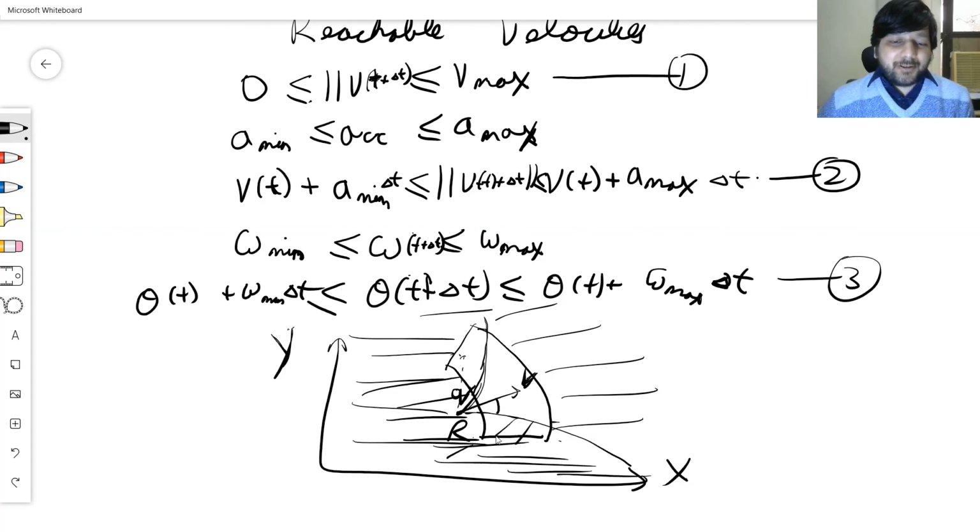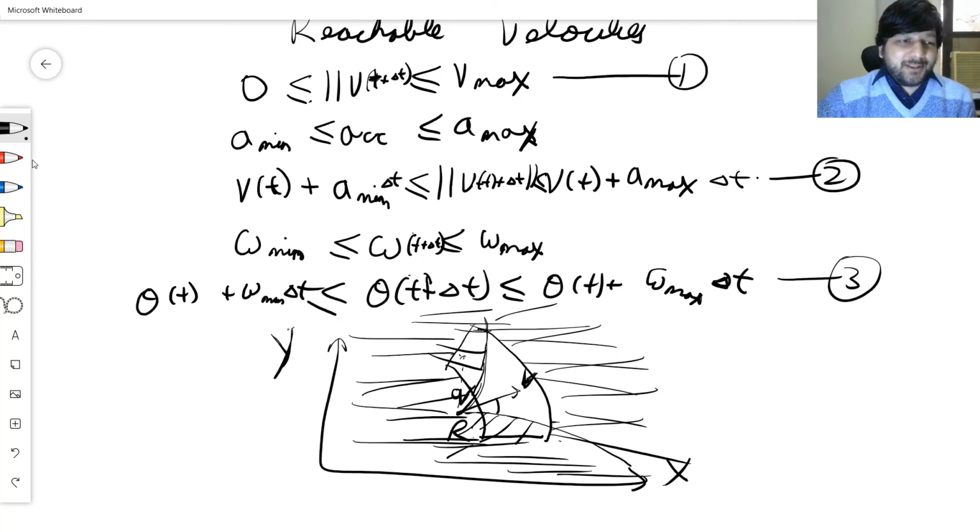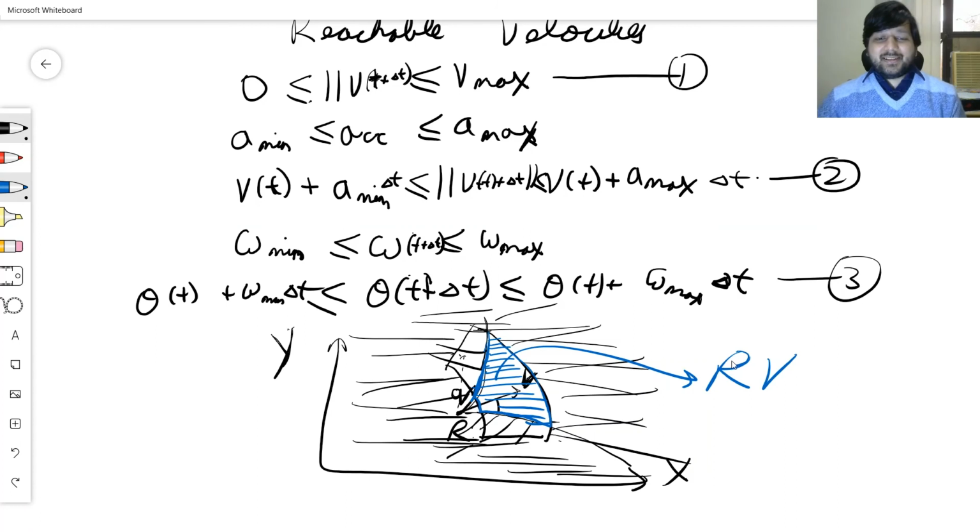And I also cannot go here because I've got angular constraints. So anything which is inside this region, let me put this region a bit more clearly. So this region is the only one that I can attain. So anything in blue is okay. Those are the only reachable speeds. So I call them the reachable velocities.